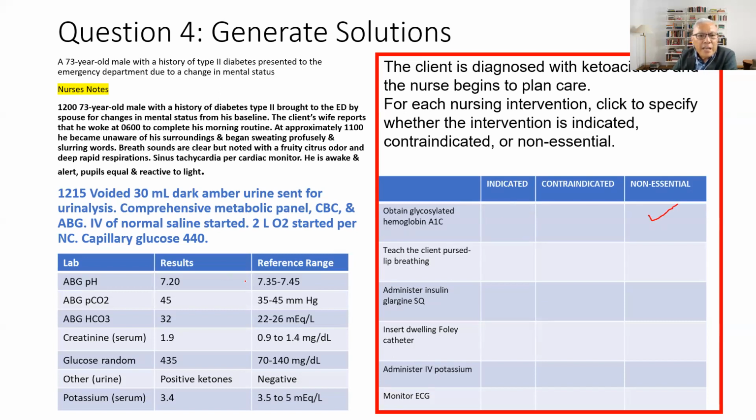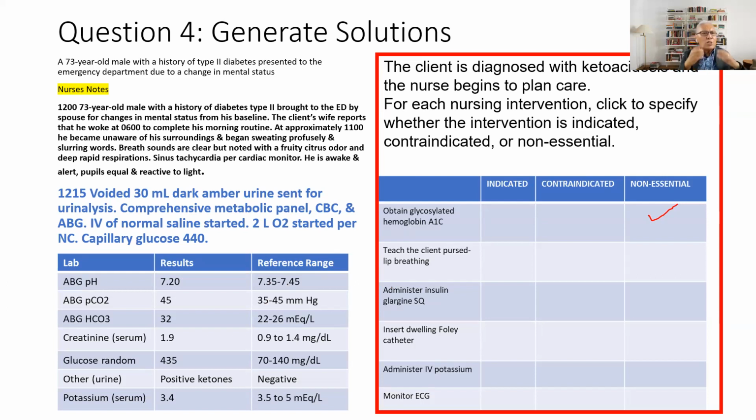Teach the client pursed lip breathing. Now, what is pursed lip breathing and what's the purpose of pursed lip breathing? Well, pursed lip breathing is an effort to actually slow the pace of breathing and control the expiration phase.